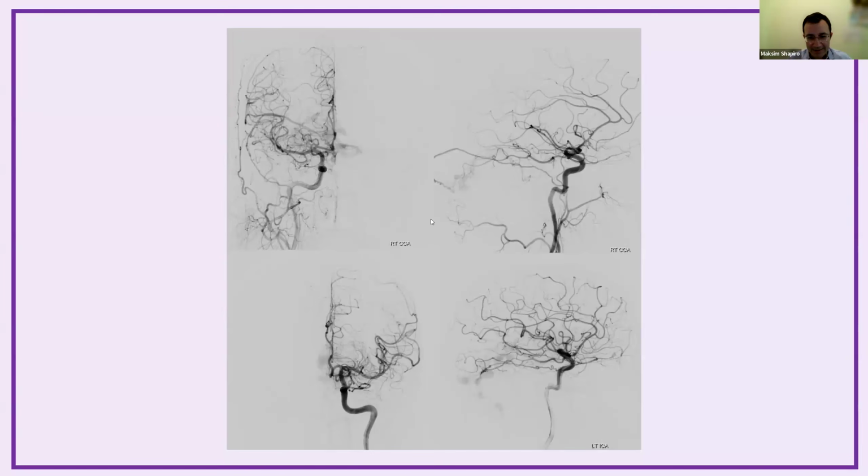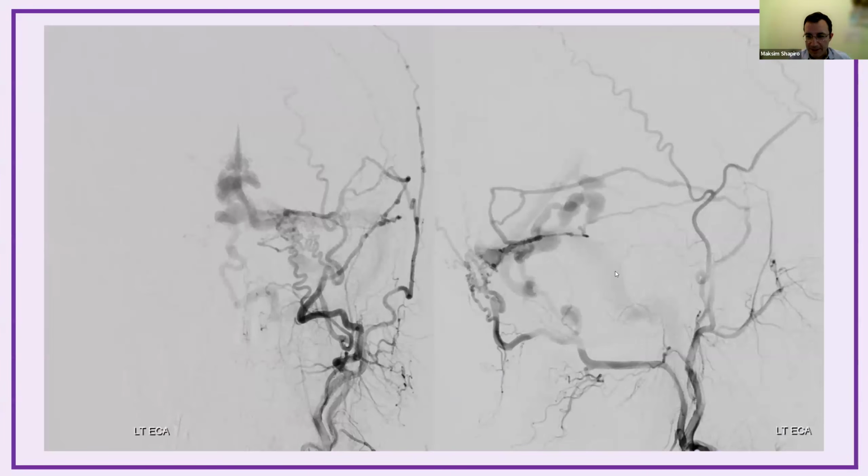The right side, there's a little bit of supply from somewhere, but there's more coming from the left. If you see on the left ICA, there is supply to the back area here. That's the marginal tentorial arcade artery. In this case, here's the left external injection. And so if you look at this alone, you're going to say, okay, here's a dural fistula somewhere maybe in the back of the tentorium cerebelli.